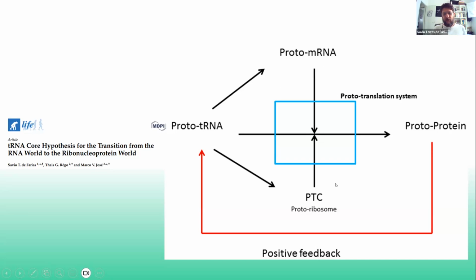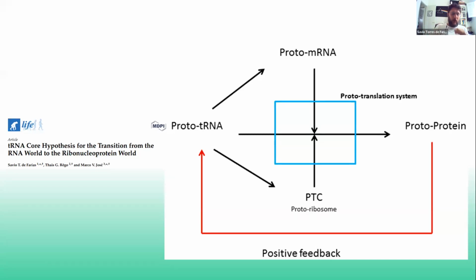There are different RNA molecules. So I would like to remind you that in modern organisms, the tRNA is not translated into protein.